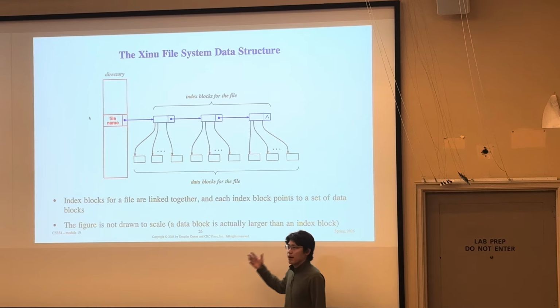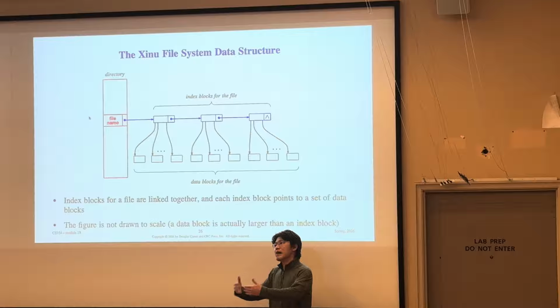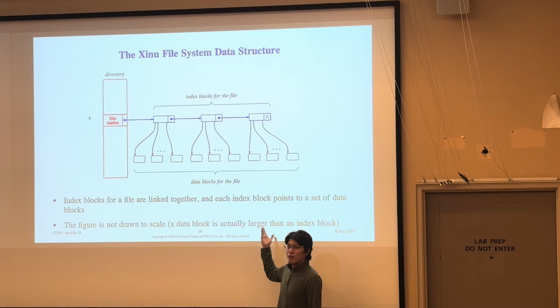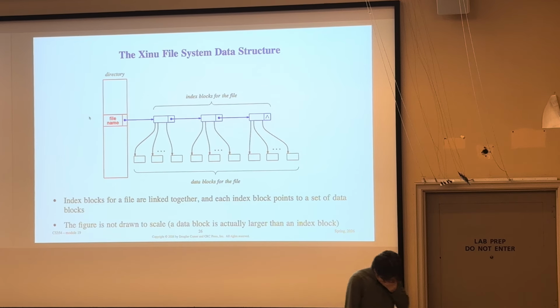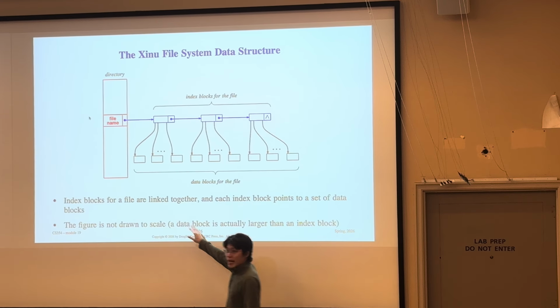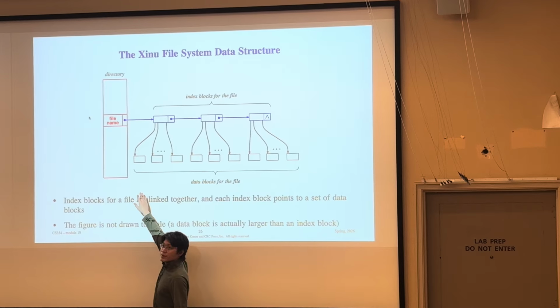I hope that you're not remembering those details line by line, but you have a more high level, conceptual understanding of what happens in these different scenarios. And so what happens when you read past the first data block?